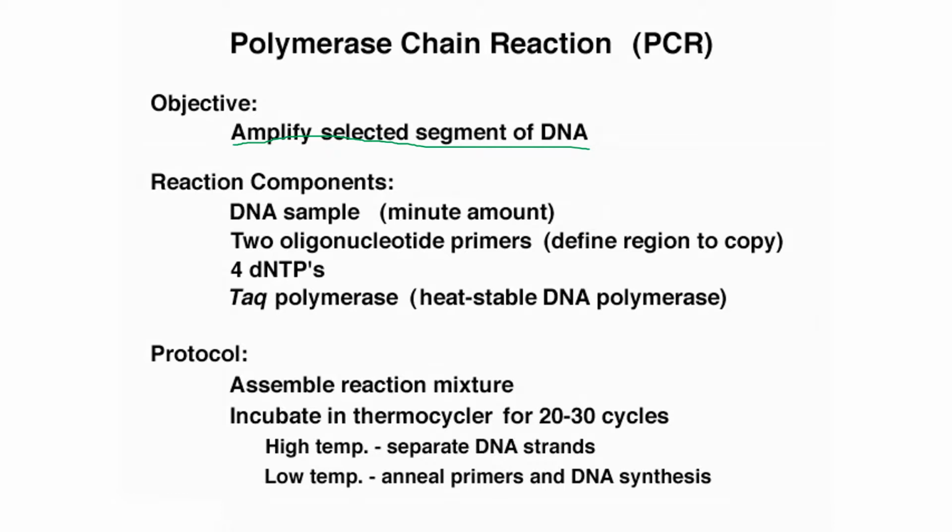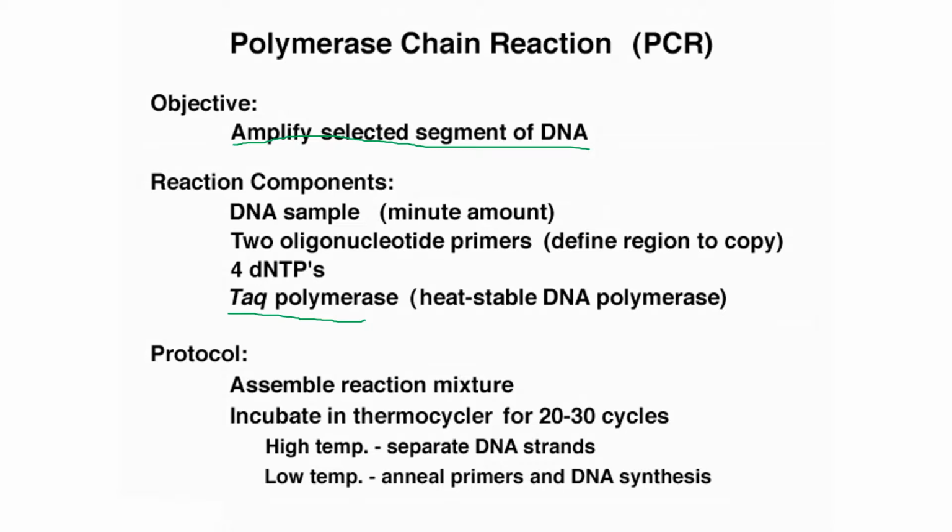So we need, as far as the reaction components are concerned, the DNA sample, oligonucleotide primers to define a region, dNTPs, and Taq polymerase. This is a heat-stable DNA polymerase, and this is the very important modification.